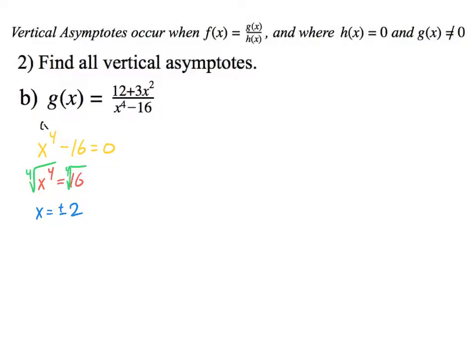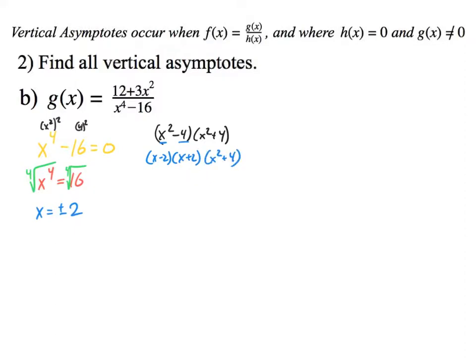And what you realize for factoring is that's x, let me rewrite that. That's x squared, and this is going to be 4 squared. So what you can factor this as is x squared minus 4, x squared plus 4. And then you can factor this as another difference of squares, which is x minus 2, x plus 2, and then an x squared plus 4.